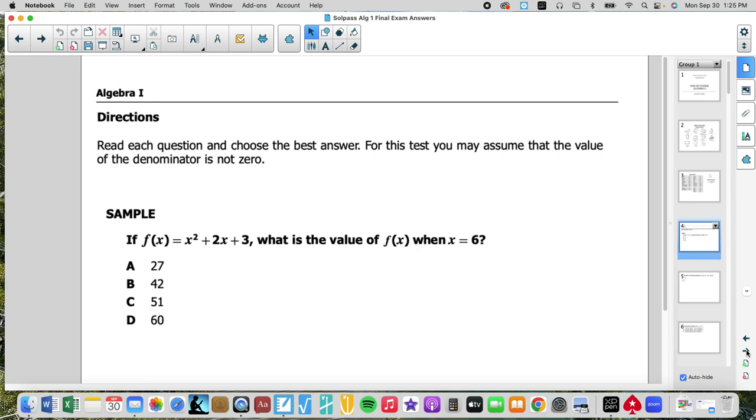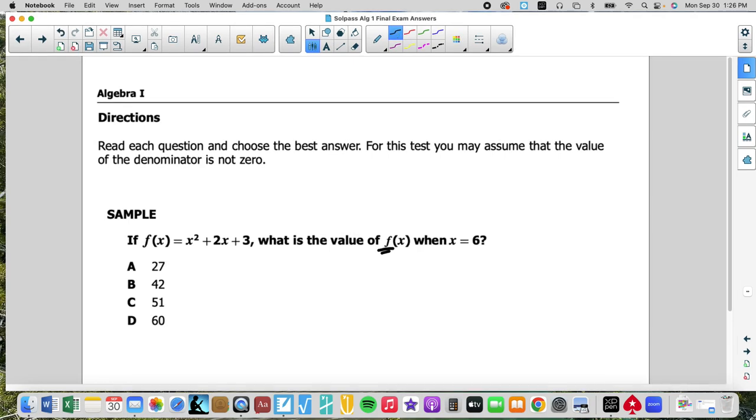What's the value of f of x when x is 6? So we're talking about functions. That's what the f of x is. This does not say f times x. This is function notation. So when they want to know when x equals 6, they're asking for f of 6.